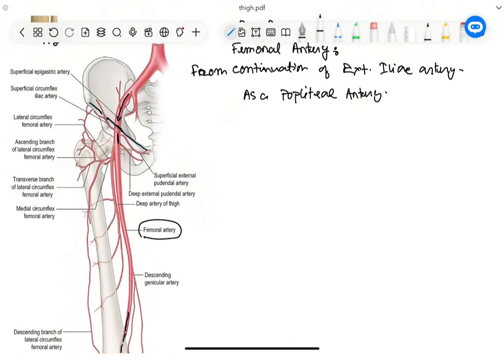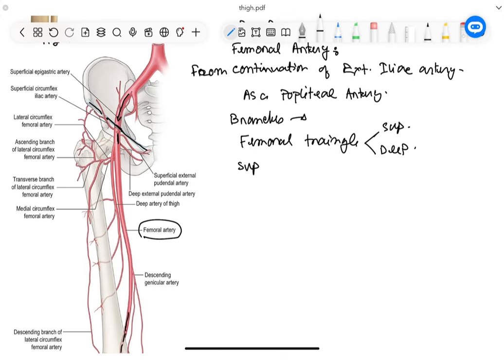Then these femoral artery branches we are asked about. In the femoral triangle area, there are two types of branches, superficial and deep.